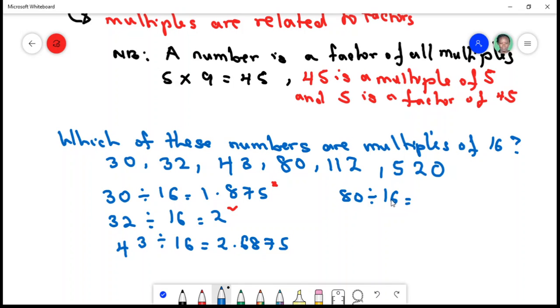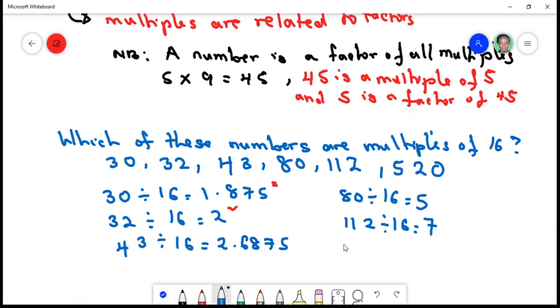Then 80 divided by 16. Let's do that and see. What did you get? 5. Then 102 divided by 16. Do it and let's see. 6.375.